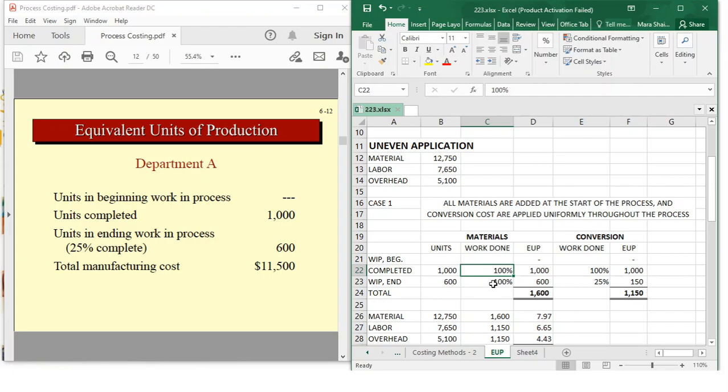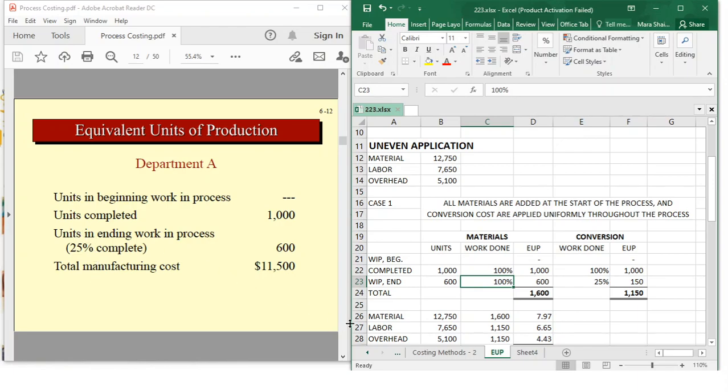Since it is stated that materials are added at the start of the process, even if the work in process is still ending, once you start a product, all the materials are already added. So your assumption is that even at work in process end, it has 100% of the materials needed. So it is 100% here, not the completion of 25%.